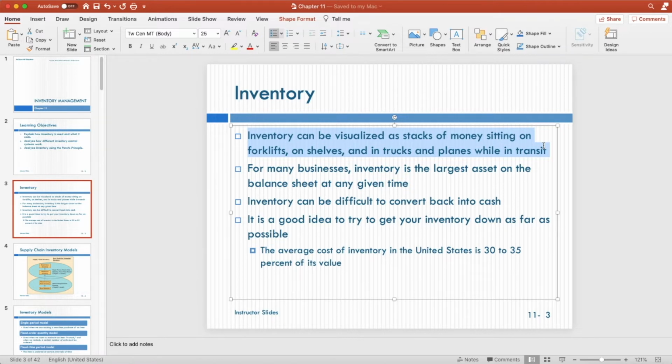So basically, before the customer purchases this specific product, you can see that all these different materials, the work in process goods, or even the final goods are all counted as your inventory.